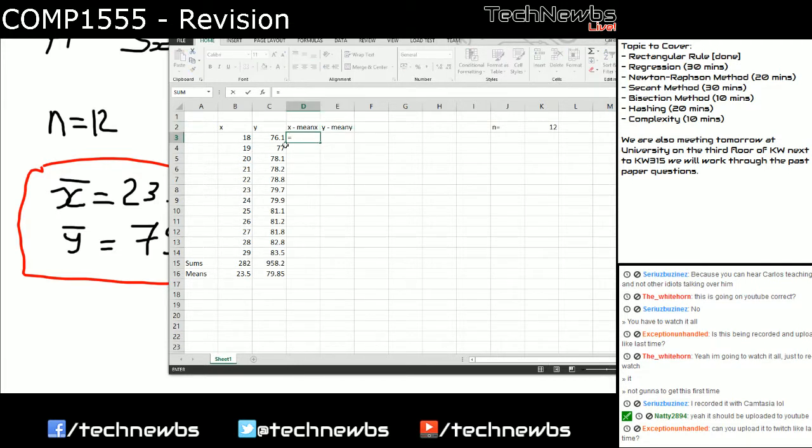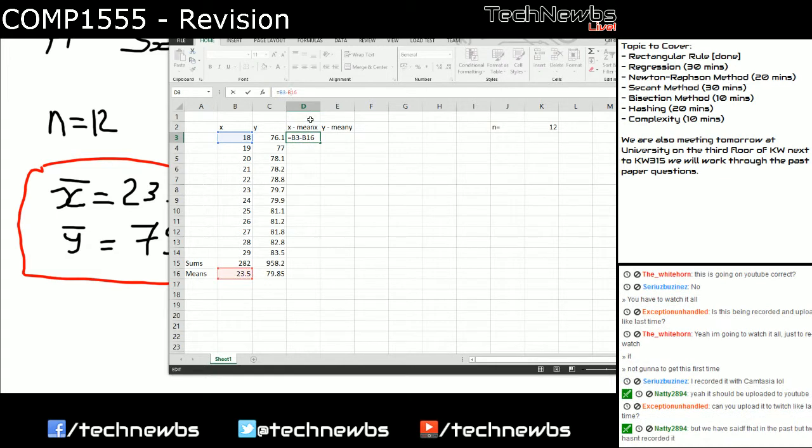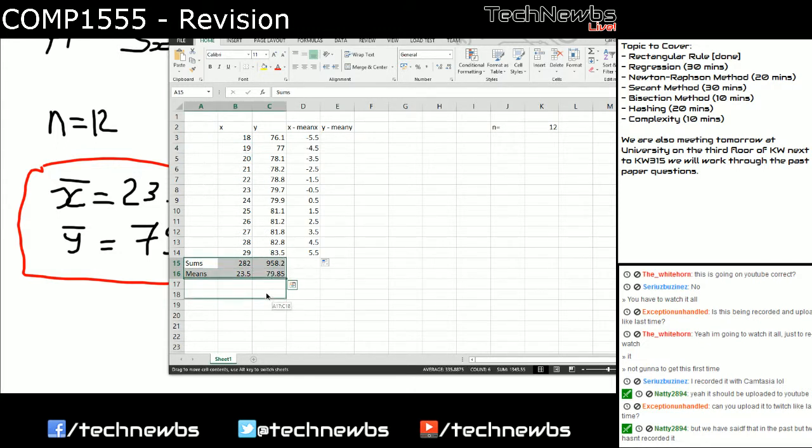To do this, I will just do x, so 18 minus the mean, and because I'm using Excel, I'm going to have to do this so it stays on the same cell, so I can just drag down, and we get all the values. So this is basically 18 minus 23.5, and then 19 minus 23.5. That's essentially it.